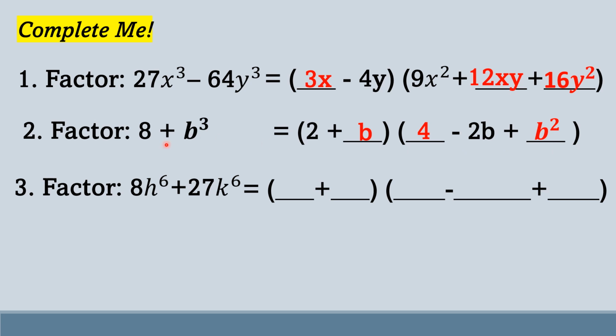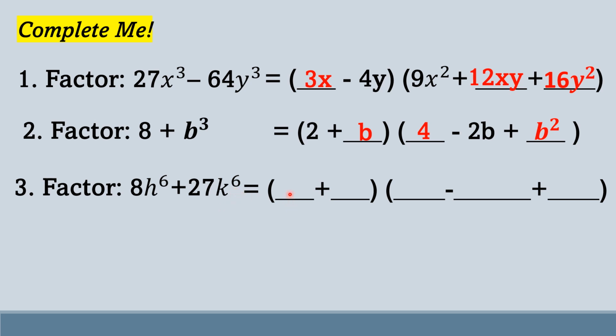Therefore, the complete factored form of 8 plus b cubed are the quantity of 2 plus b times the quantity of 4 minus 2b plus b squared. Number 3, factor 8h to the 6th power plus 27k to the 6th power.